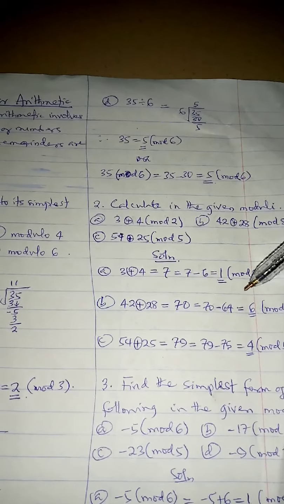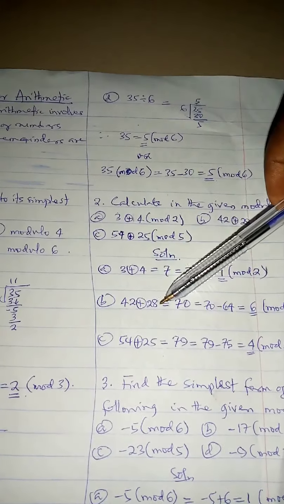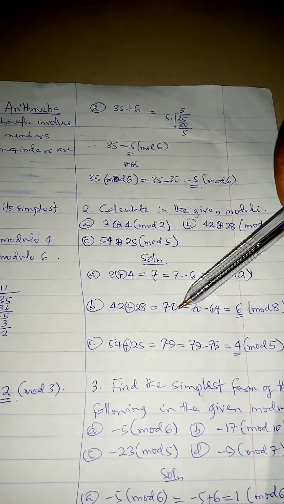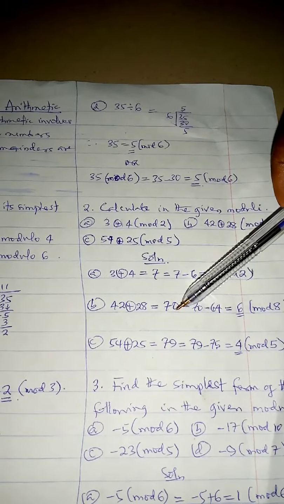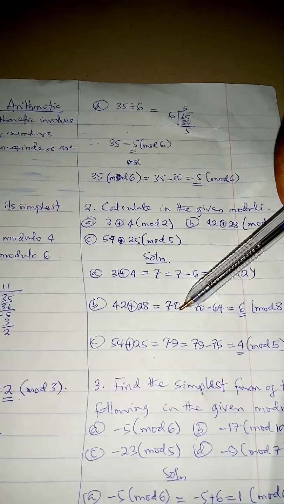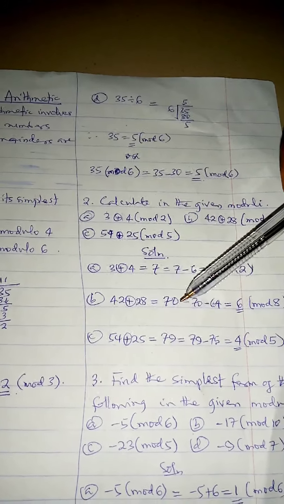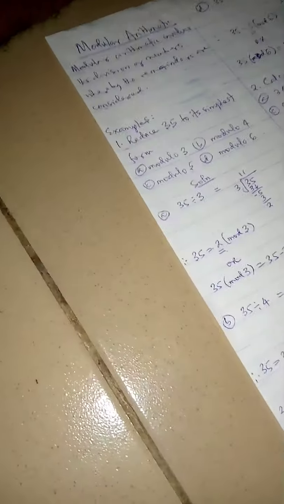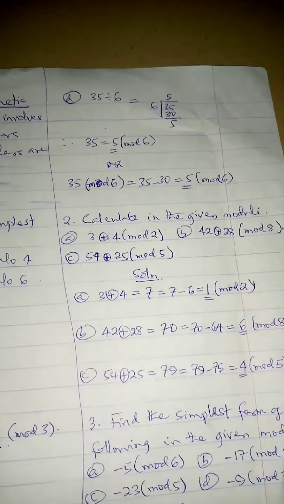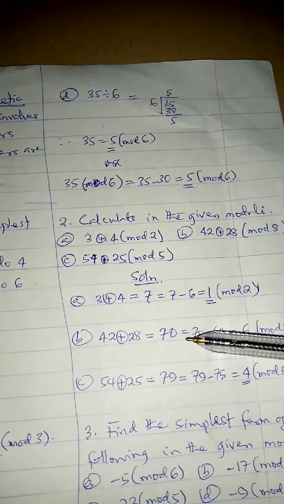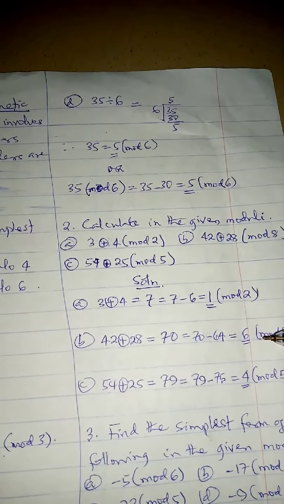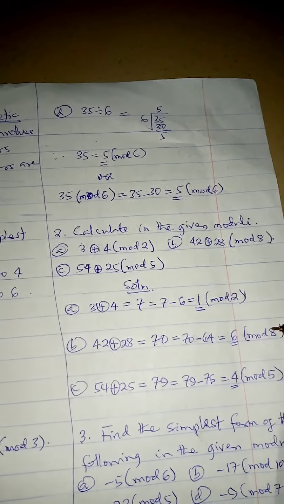Very important. Also, 42 plus 28 is 70. Expressing in mod 8, you subtract the closest multiple of 8 from it. And that multiple you are going to use is 64. So subtract 64 from 70 and you have 6. It's less than this.